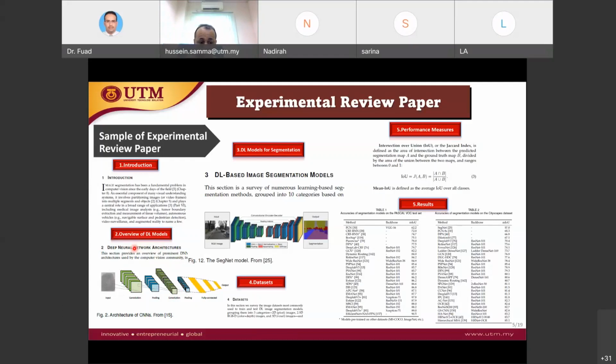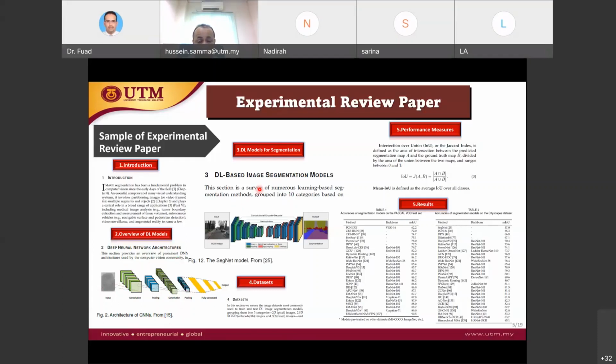Here we can see that this is the architecture of a CNN. Of course, one important point you have to be aware of: you have to give credit to those who already used this architecture. It's not your model, it's the model of others, so you have to cite them in your paper.